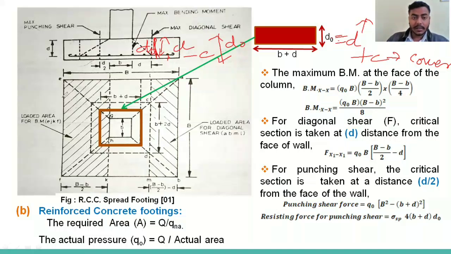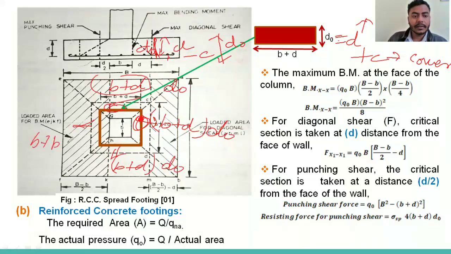So in this case, the area is B plus D into D naught. Here also, perpendicular to this figure, the depth is D naught. So here also will come B plus D into D naught. Similarly here, and here will come B plus D into D naught.